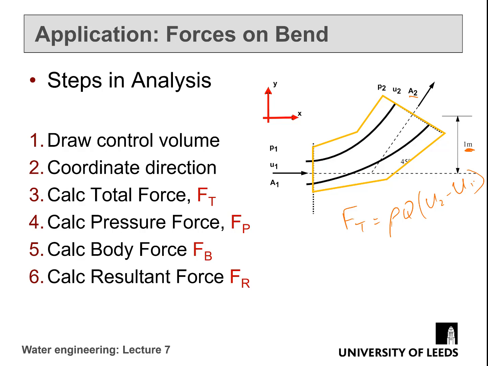And then we'll calculate the resultant force. Remember what our equation here is. We have Ft equals Fr plus Fp plus Fb, and we're going to calculate this Fr, the force that's causing the fluid to turn.